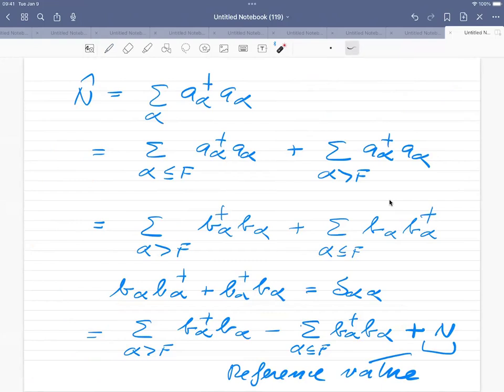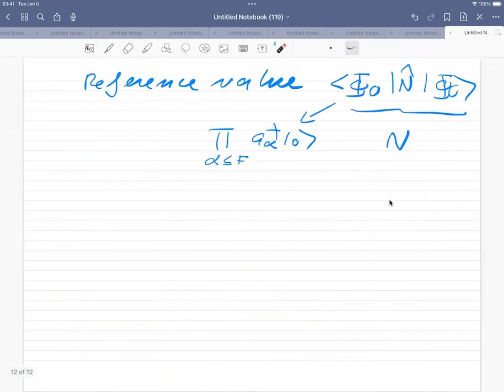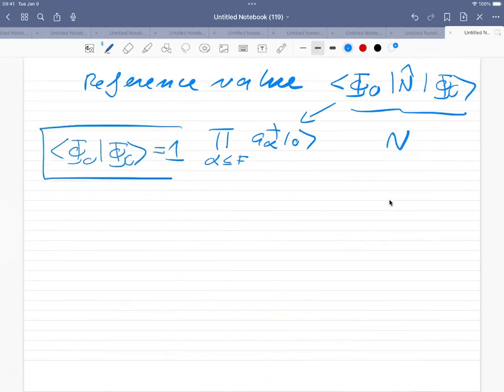So let's take a look at some further examples here. By the way, there's one thing which I forgot to say, which is obviously that the norm of phi 0 has been put to 1. So this is just a piece of information which I forgot to tell you.